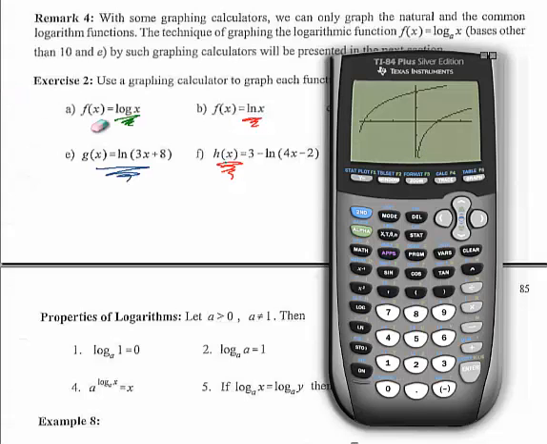Having trouble managing my colors here. I'll put this in green. ln of x will be in red. And so once again, here is ln of x. Here is ln of 3x plus 8.